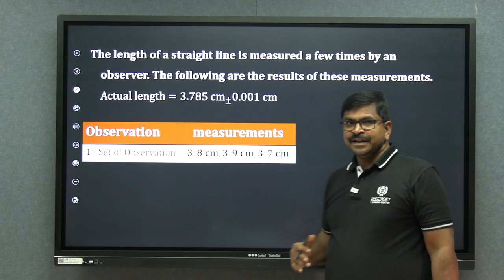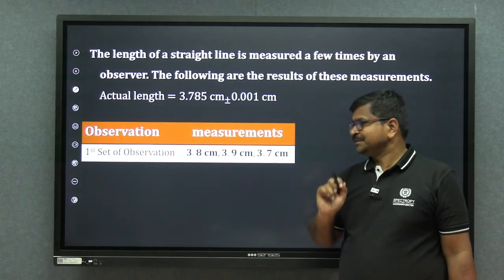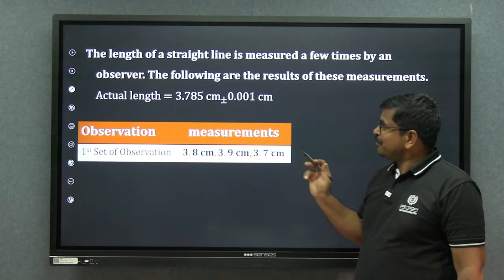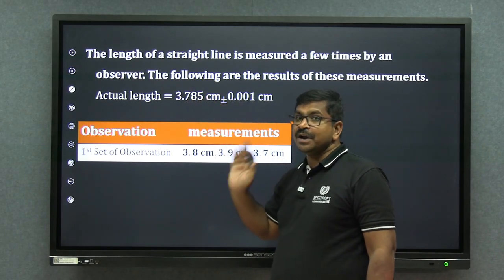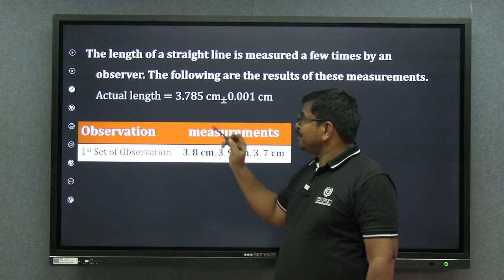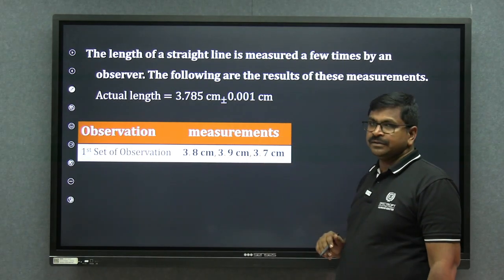Suppose, let me take the first set of observations. In this, the least count of these measurements is 0.1 centimeters. So when compared to the true value, you must compare with 3.7 only, not 3.785. So compared to 3.7, we have 3.8, 3.9, 3.7.